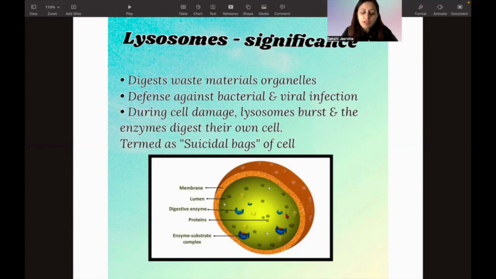So in those cases it can digest its own organelles as well. That is why it is also called the suicide bag of the cell.